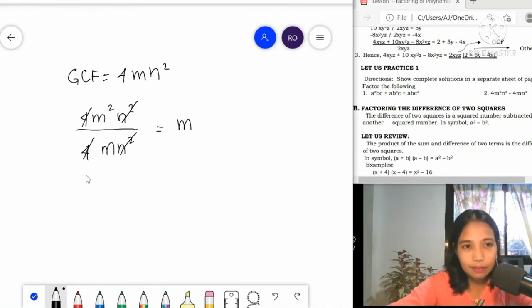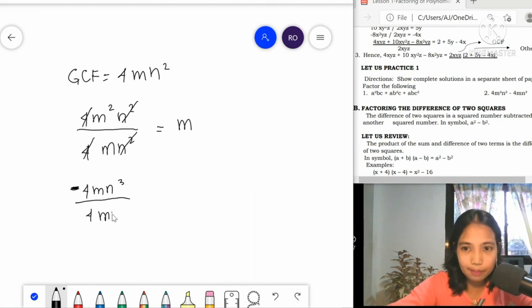Next is negative 4m n cubed, divided by 4m n squared. Okay, we divide negative 4 by 4, so the answer is negative 1.